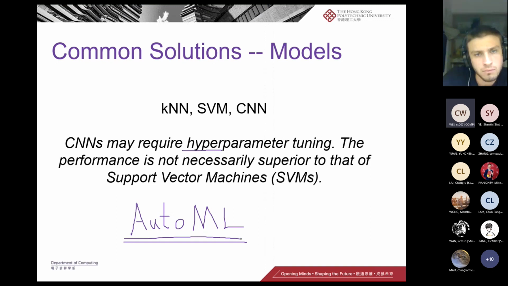Another thing is that CNN has many more parameters, not only hyperparameters, than traditional models, because you have to make sure those parameters are updated sufficiently. So CNNs rely on large scale datasets.